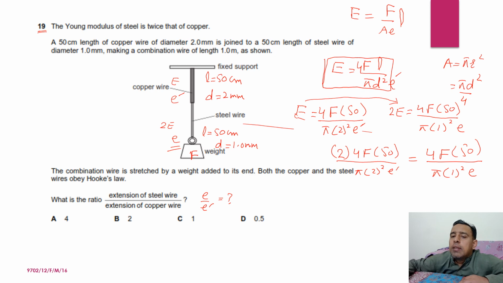So during this comparison you can see that 4F 50 is cancelled on both sides, this pi is cancelled, so we are left with 2 divided by 4 e dash is equal to 1 over e. 4 is actually the square of this 2. So it is cancelled and we are going to cross multiply this because e by e dash is required, that is e by e dash is equal to 2 by 1. So option B is correct.